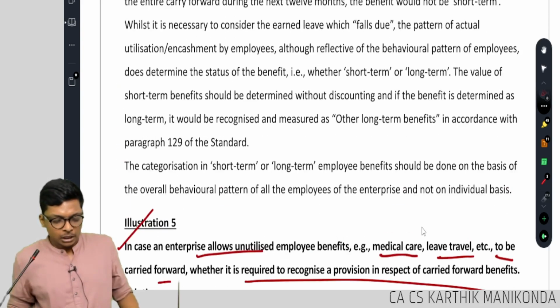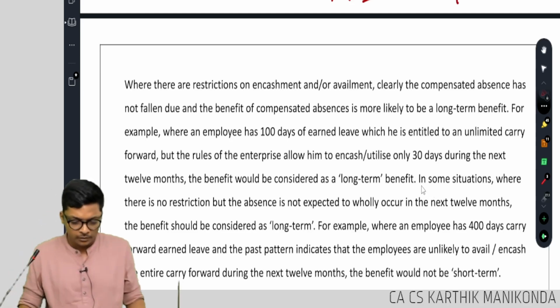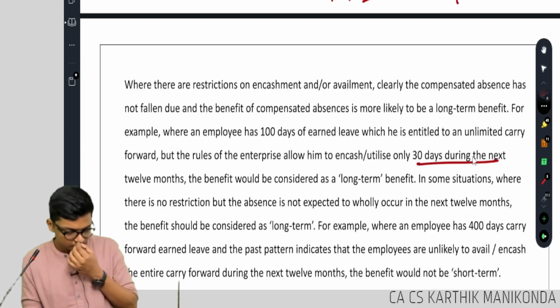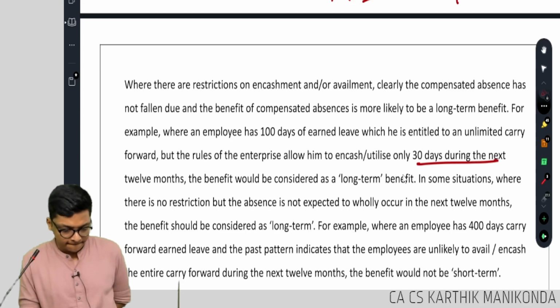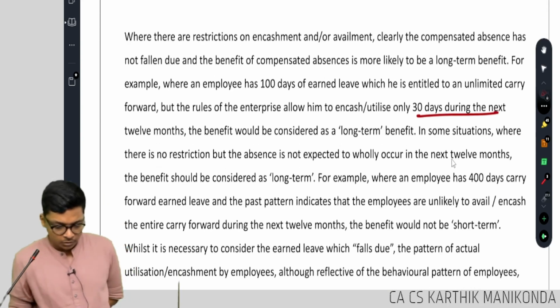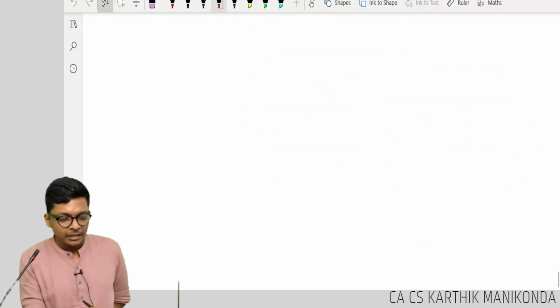Clear, guys? Now look at this example. They gave some example in the book. Okay, what is it saying here? You tell me the answer.